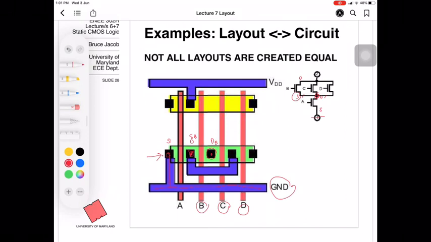Okay, now the next connection is C. C will have the drain of C and the source of C. The source of C here is connected to B. So this is the connection to B. So we have done this connection as well.